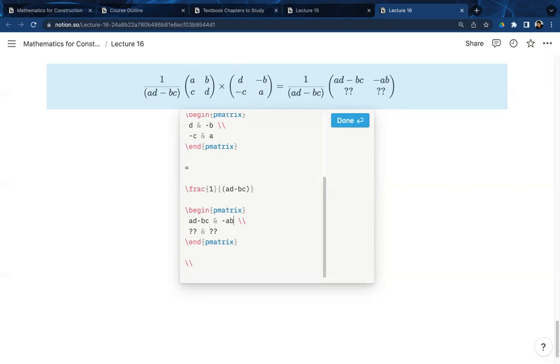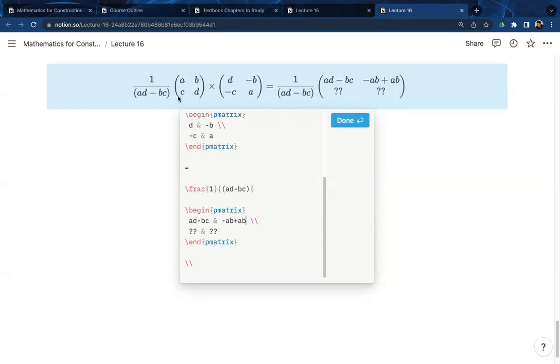Bottom left: CD minus CD. And bottom right, bottom row by right column: minus BC plus AD.